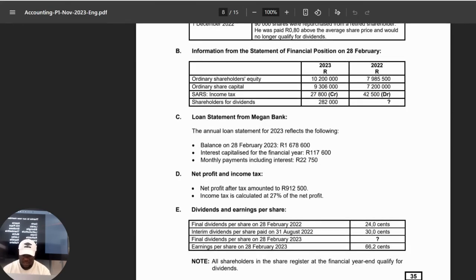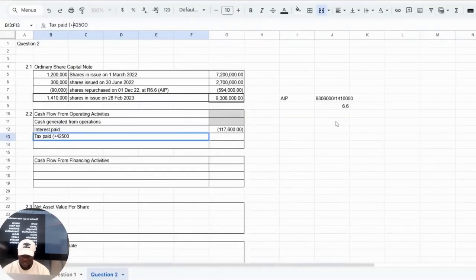So it says here that net profit after tax amounted to 912,500, and then income tax is at 27% of the net profit. So this means that this would be 73%, and this would be 27%. So then to work out income tax for the current financial year, I'm going to work it out on the side.